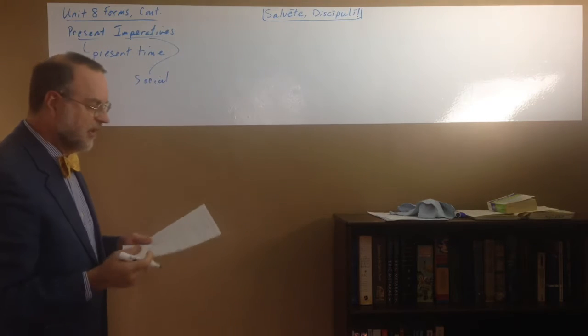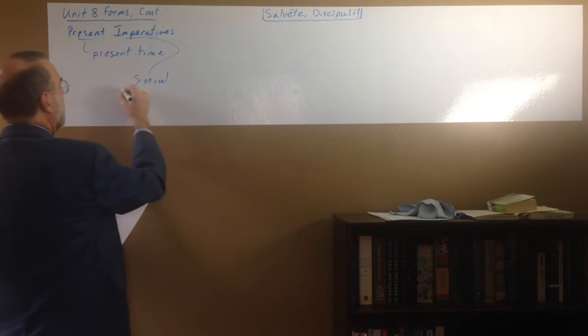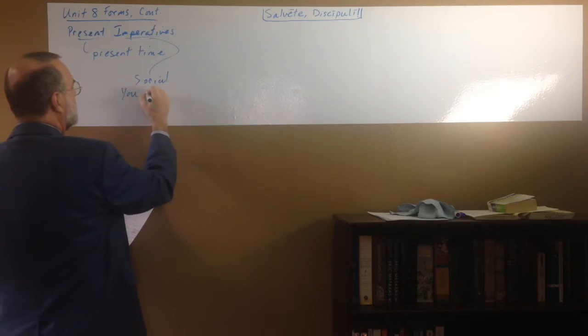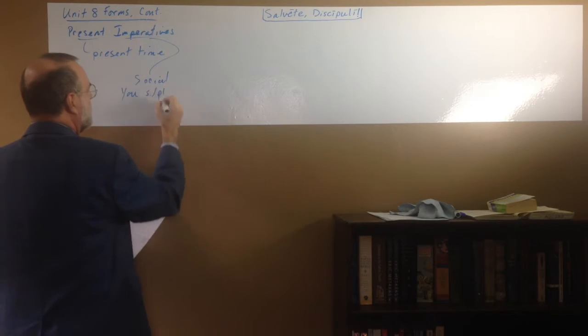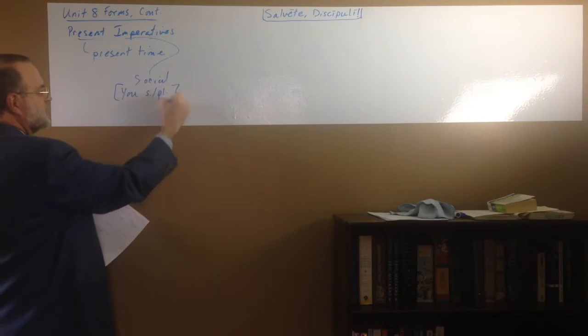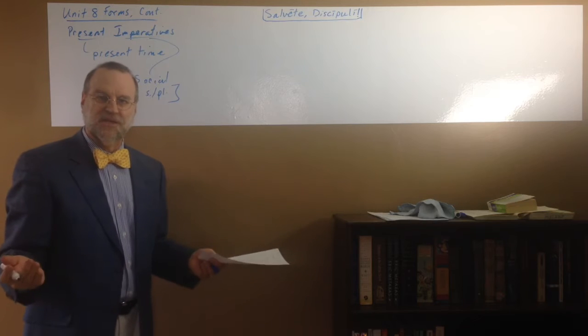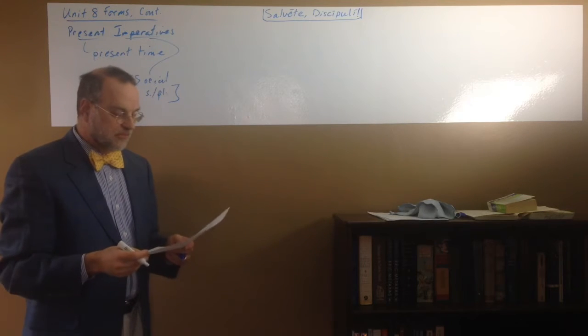So they're true commands, in second person with an understood you, either singular or plural, as the understood subject. A lot of times that subject is not expressed, it's understood.